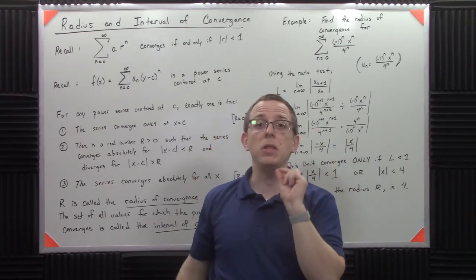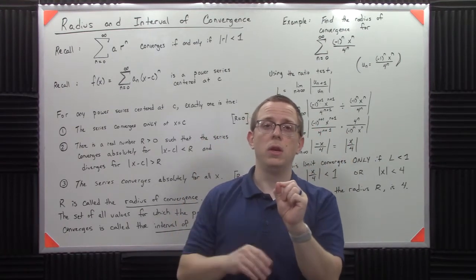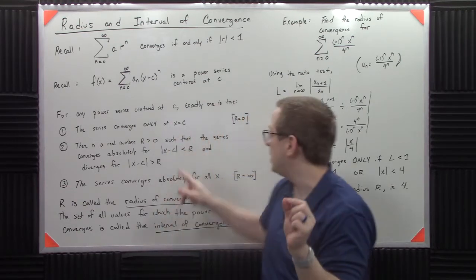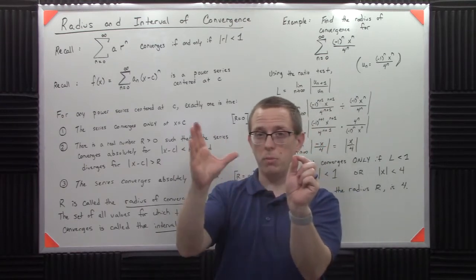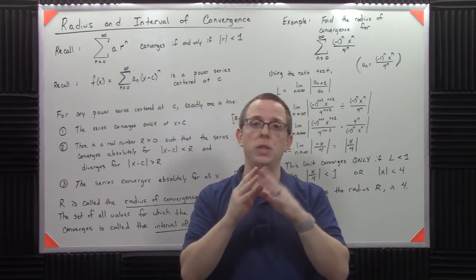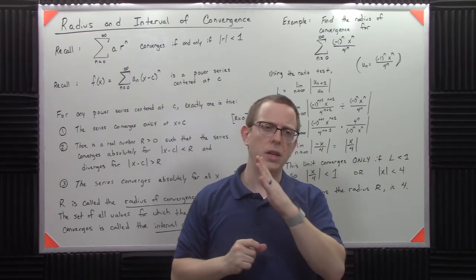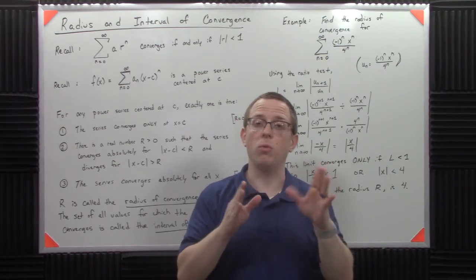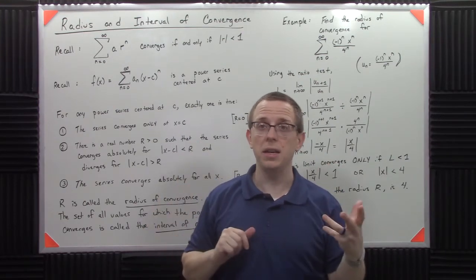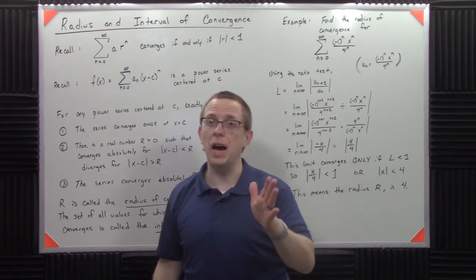So maybe the center was 2 and r was 5. You could go up to 7, but not exactly to 7, so you could plug in like 6.5. Or you could go down to -1. Those values would work. But if you try to plug in 10 into the power series, it would diverge.